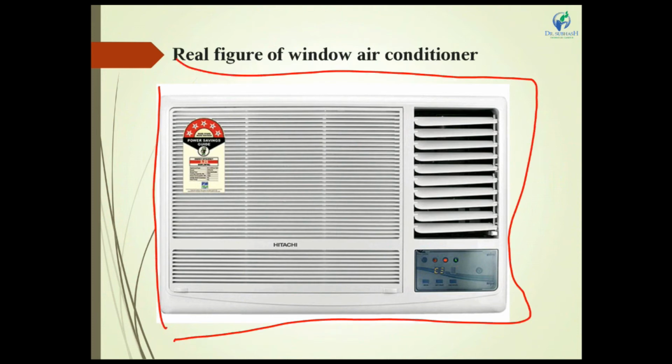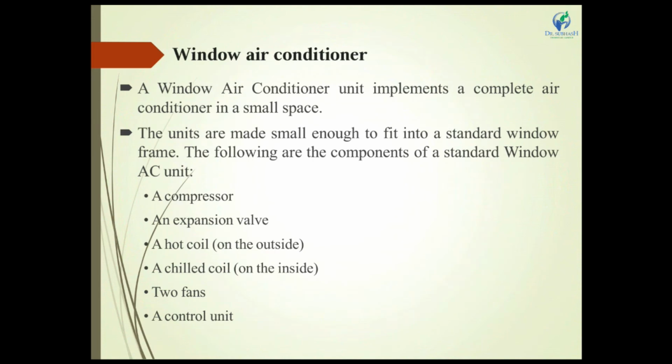That's what we call a window air conditioning system. The unit is made small enough to fit into a standard window frame. We put this box into our home window, which is why we call it a window air conditioning system.